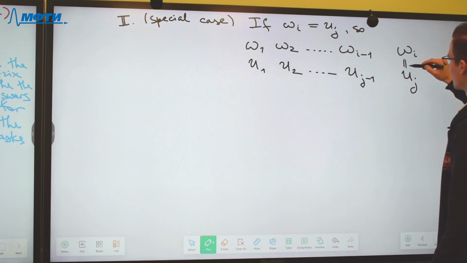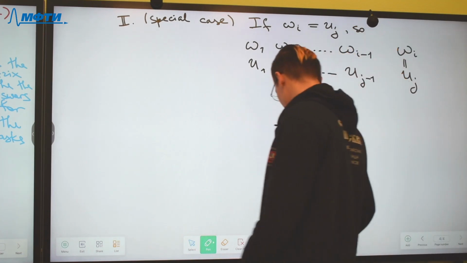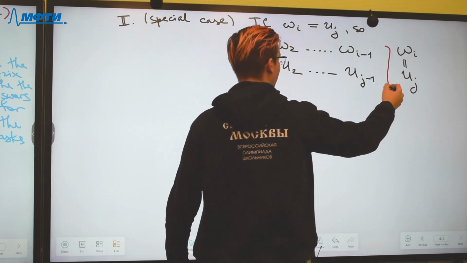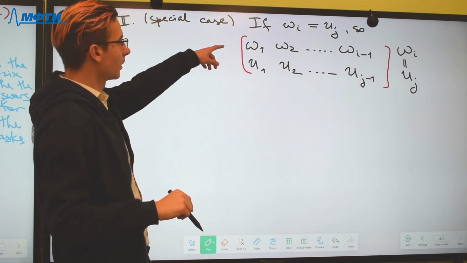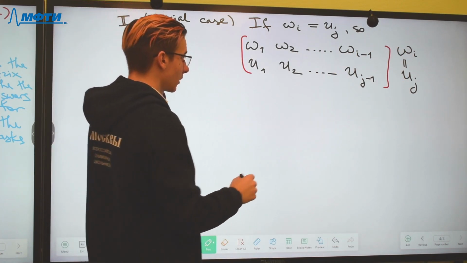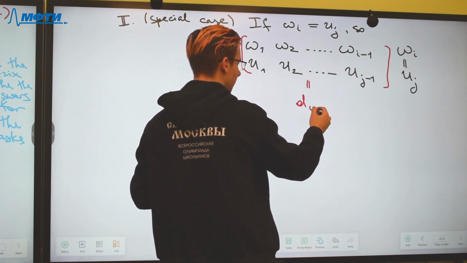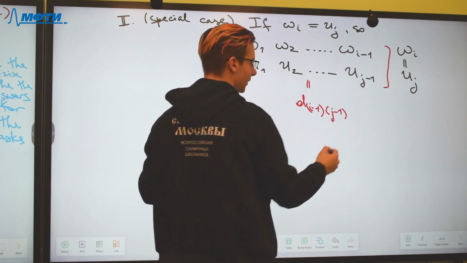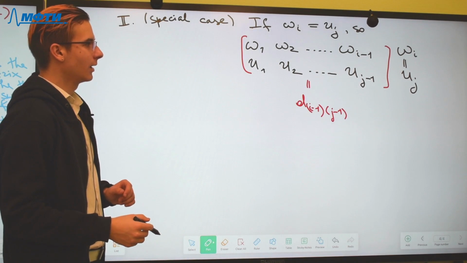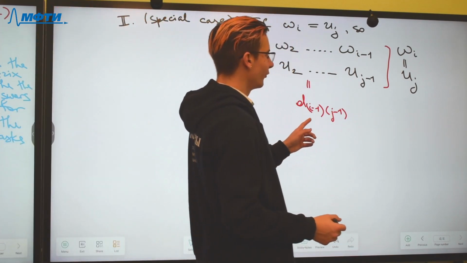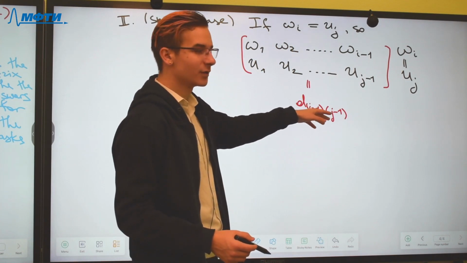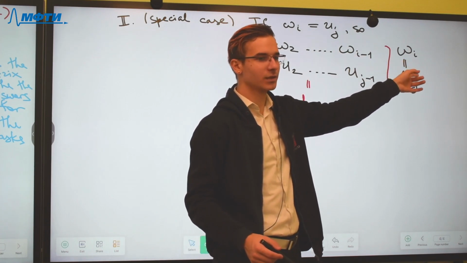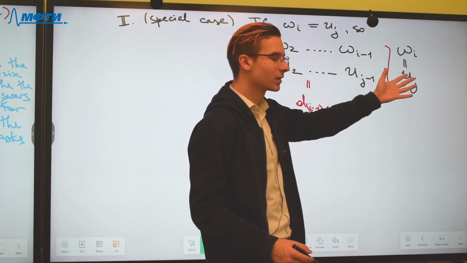And because they are equal, we say that in this case, the distance between these prefixes will be equal to D e minus 1 g minus 1. And we don't need to add plus 1 because they are equal, and in this place they have no difference.